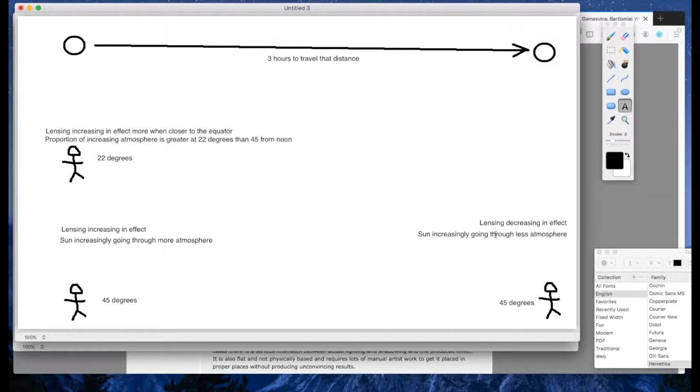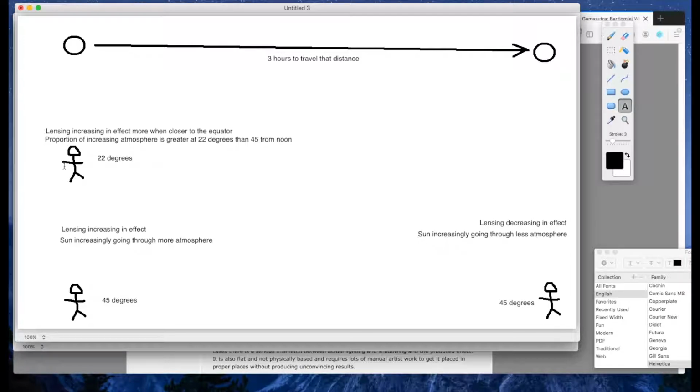The sun is also increasingly going through less atmosphere because the sun is going to be closer to the observer at noon than it is at 9 o'clock in the morning, so therefore there's less atmosphere to go through. Conversely, for this observer at the same latitude, the lensing is going to increase in effect as the sun is moving away from this observer, and it's also going to go through increasingly more atmosphere.